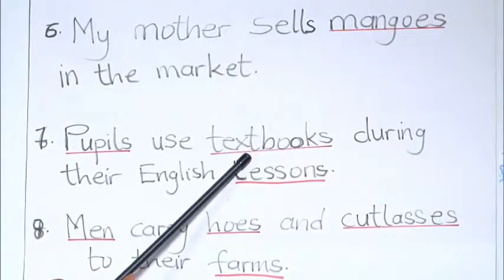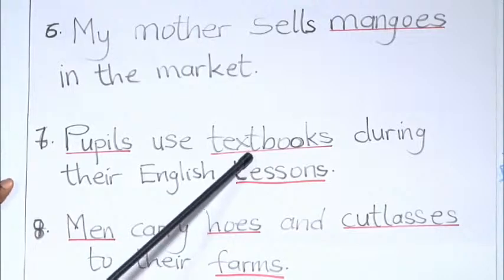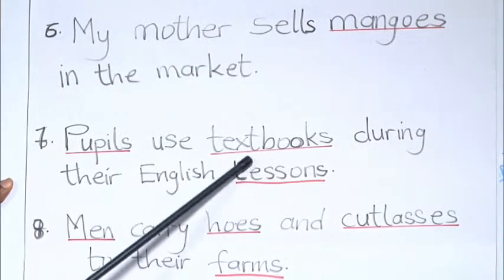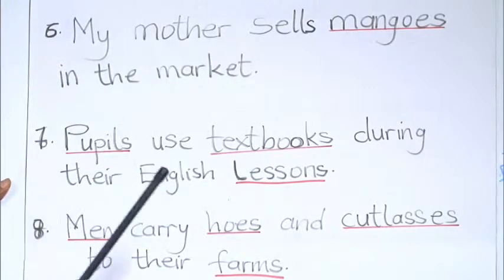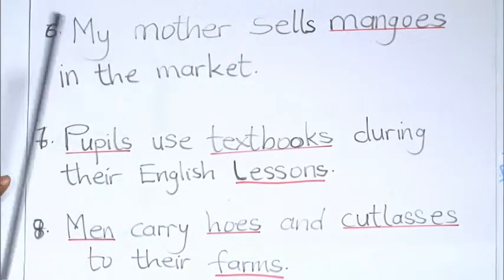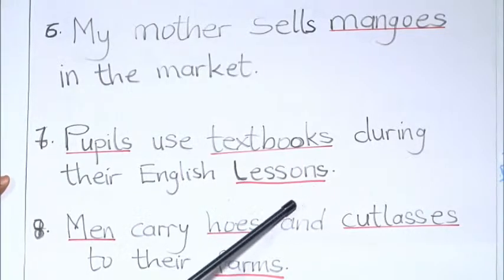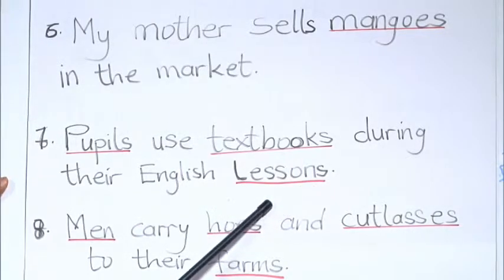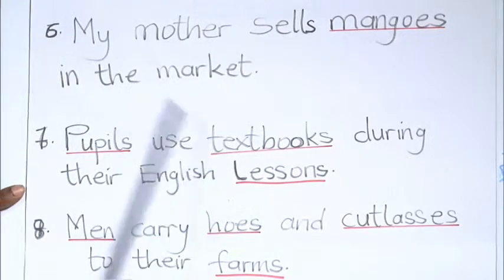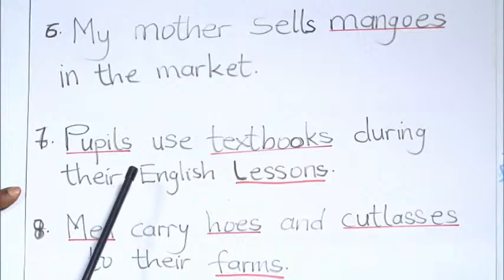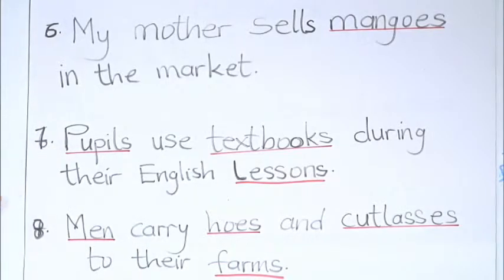Textbooks. Can you count the textbooks you use in the schools? Yes. So textbooks is a count noun. Lessons. Now we are having a lesson. Last week we had a lesson. So lessons is a count noun. So in one sentence we can have 3 of them. All right.